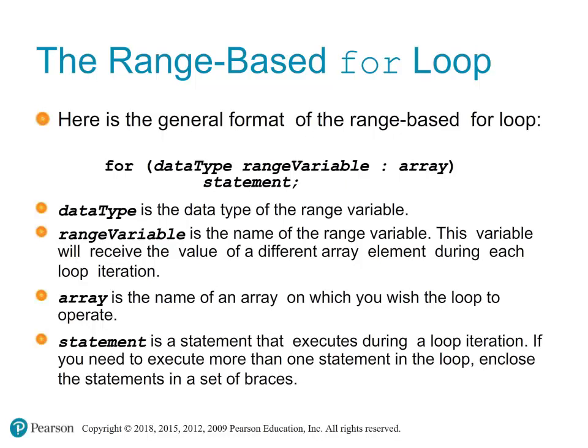It can be named anything you like, and it's locally scoped to the loop. Array is simply the name of the array you are iterating over. It could be a static array, std::array, or even a container like a vector.